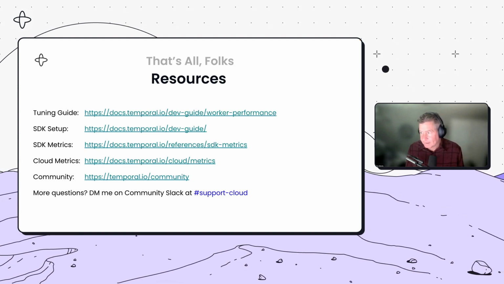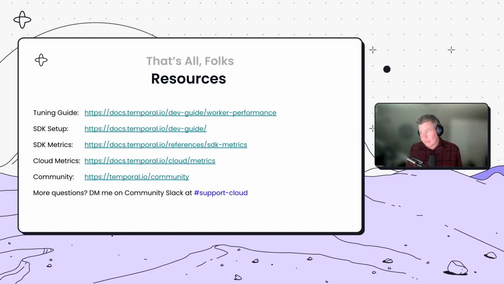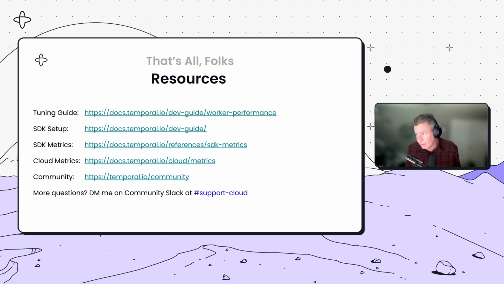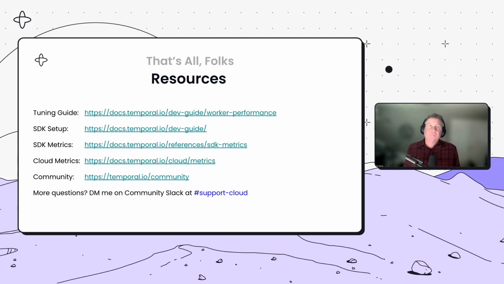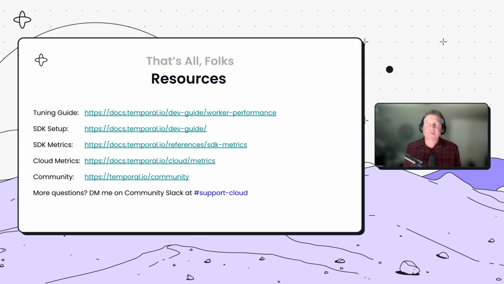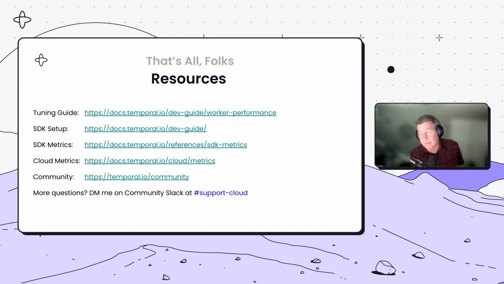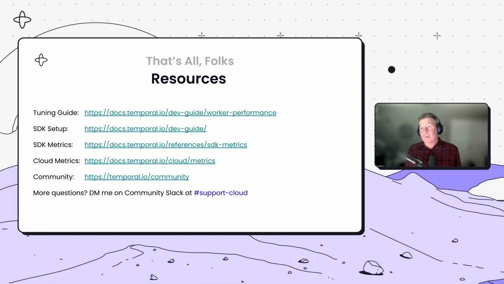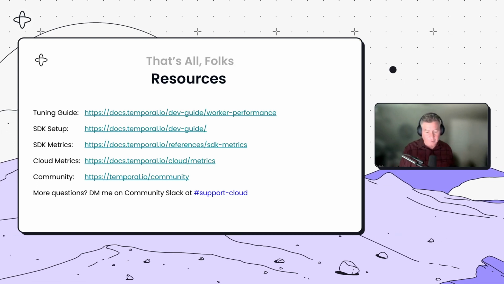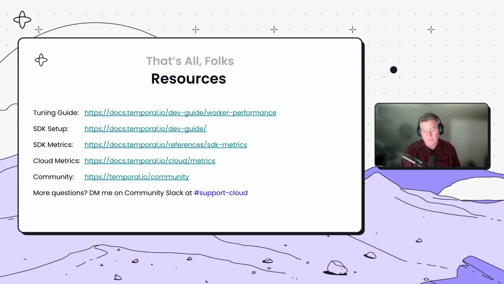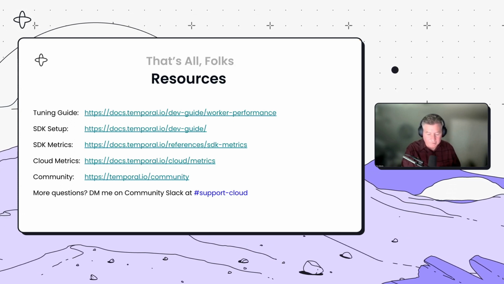Is there a good way to tell when throughput may be limited by the task queue level activities per second rate limit configuration? Yeah, so like I said, I wasn't going to get into rate limiting concerns too much today, but if you see an increase in your schedule to start latency, and you're doing rate limiting on the task queue, for those who don't know, you can set up your task queue configuration or even just the worker configuration to throttle activity executions per second.